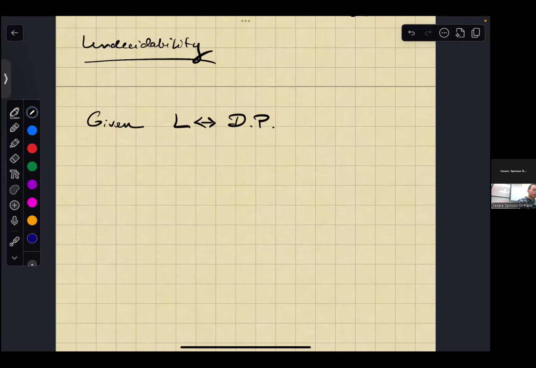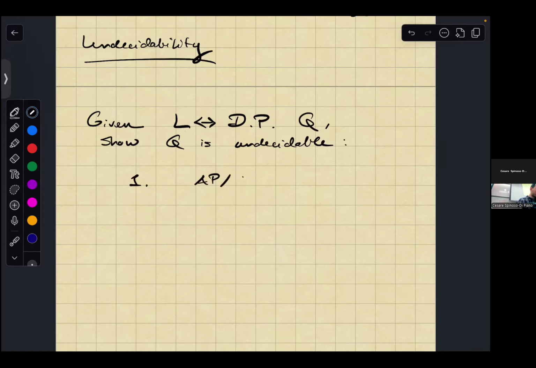So you're going to be given some decision problem, let's call it Q, and you're going to be asked to show that Q is undecidable. And there are two ways that you can do this. One way is a bit harder, where you give a reduction. So for instance, from the acceptance or the halting problem, you reduce to Q. The other slightly less contrived way is you use Rice's theorem.